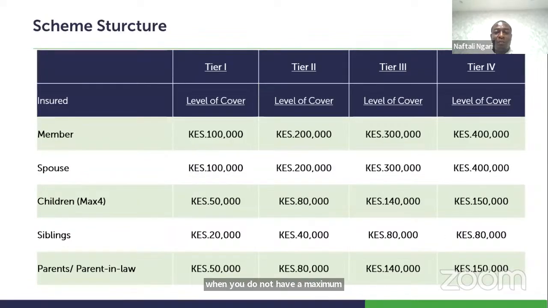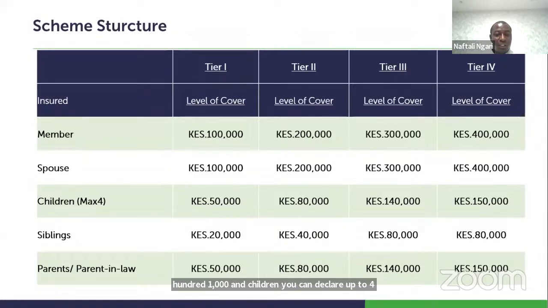All right, so we have various tiers on the scheme, and we have the minimum benefit that is the lowest level of cover. That is where the member is covered for 100,000, and the spouse is covered for a similar amount of 100,000. And children, you can declare up to 4 children will be covered for 50,000 on that level.